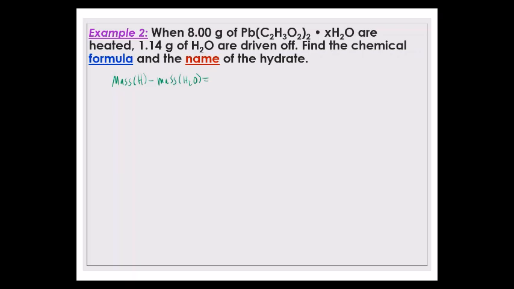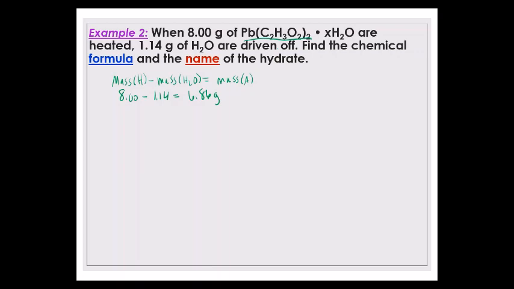That's going to give us the mass of our anhydrate, simply because the hydrate is the combination of both things together. So this would be 8 minus 1.14, and that gives us the mass of the anhydrate, 6.86 grams. And our anhydrate this time is lead acetate.